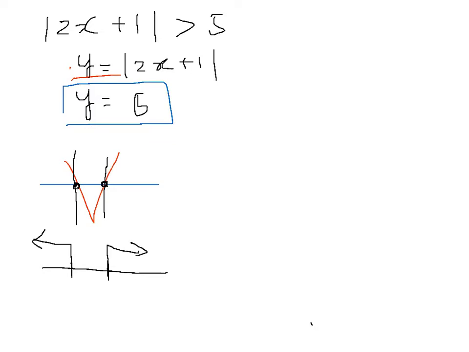The next thing we have to do is find what those intersecting points are. If we can find those intersecting points, we'll be able to give a specific answer. So we're going to solve the absolute value of 2x plus 1 equals 5.